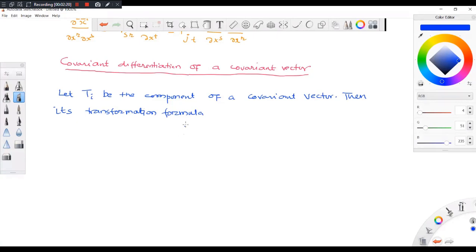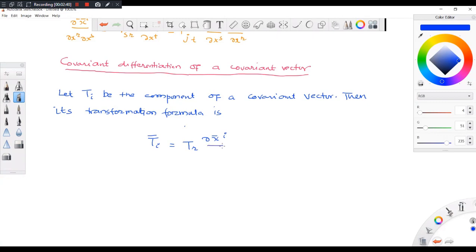So for completion, I start with: what is the transformation formula of a covariant vector? T bar i is equal to T r del x r by del x bar i.